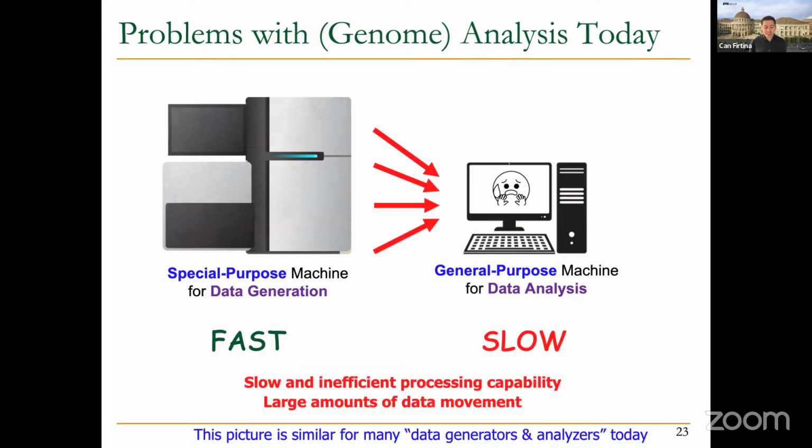So although we can generate this data at a very fast speed, the computing systems that we use to analyze this data are essentially slow. And the main reason for that is they are not particularly designed to analyze this specific type of data, right? That has specific requirements, specific profiling and so on. And that's why they incur many bottlenecks, many limitations. And that's why genome analysis today is not really at its best, let me put it that way.